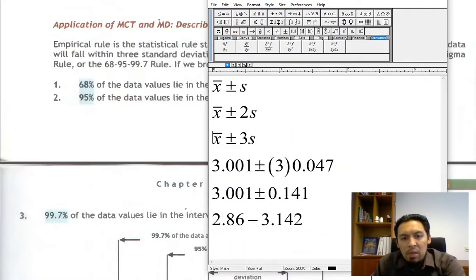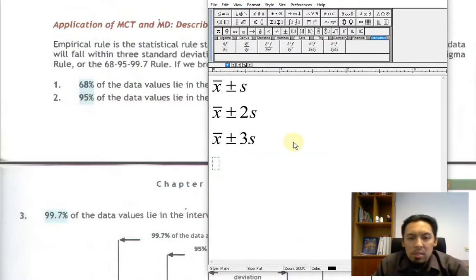We have mean plus minus standard deviation, mean plus minus 2 standard deviation, and mean plus minus 3 standard deviation. Okay, so given that your data is symmetry, we can estimate how much value you have within each of these ranges without the need for us to count it one by one.